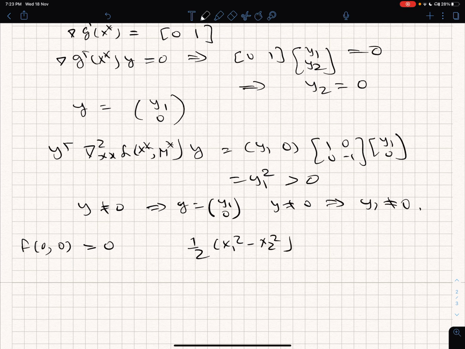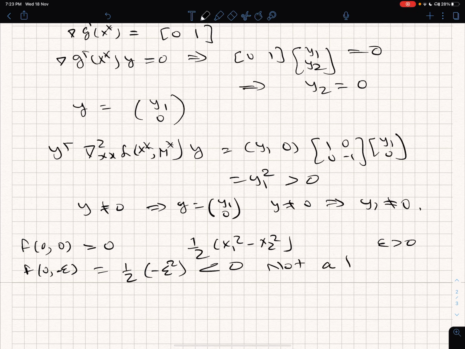You keep x1 fixed at 0 and take an epsilon step, a minus epsilon step, epsilon greater than 0, and this becomes half of minus epsilon square, which is less than 0. So even though you are finding 0 0 as a stationary point, it is not a local minimum. Why is it not a local minimum?